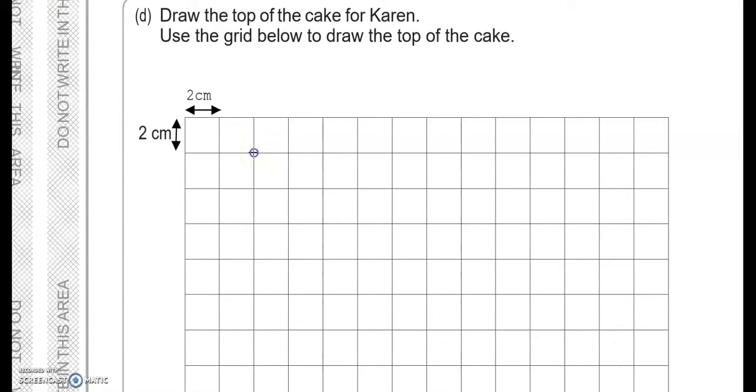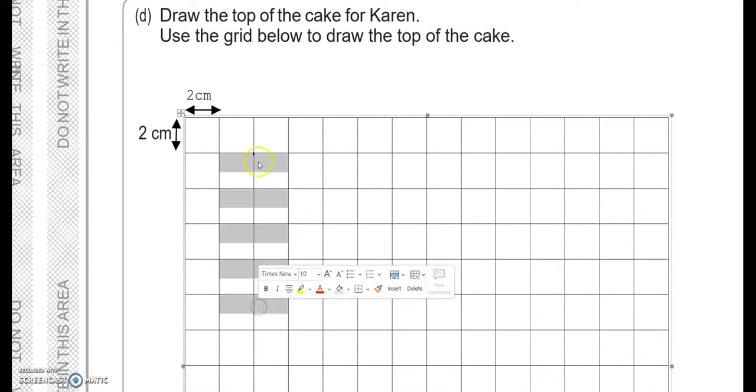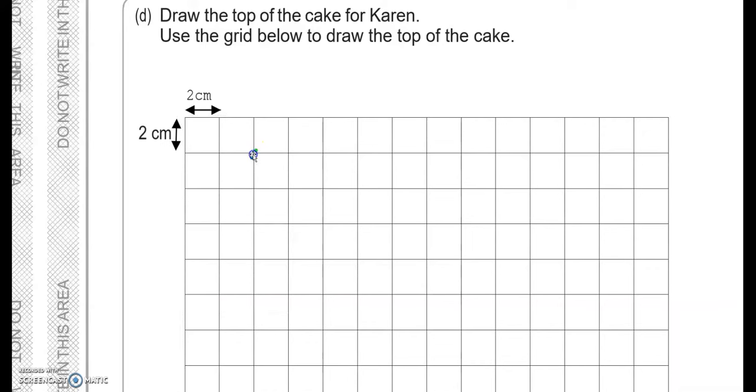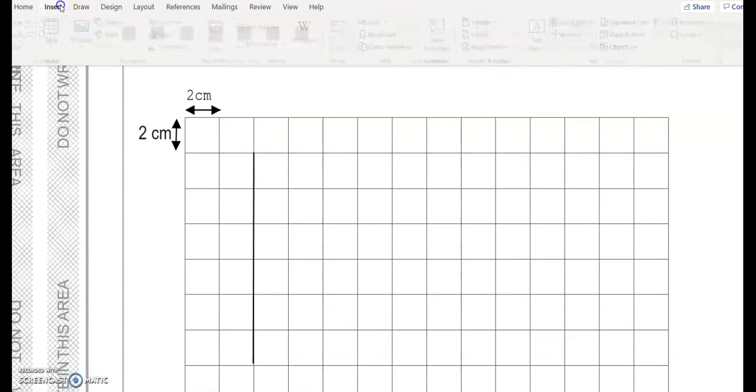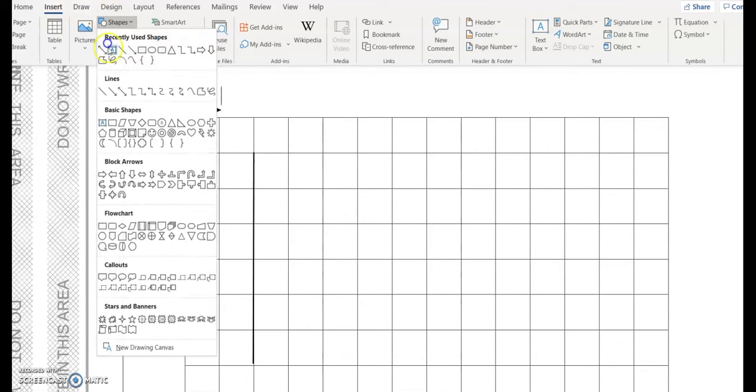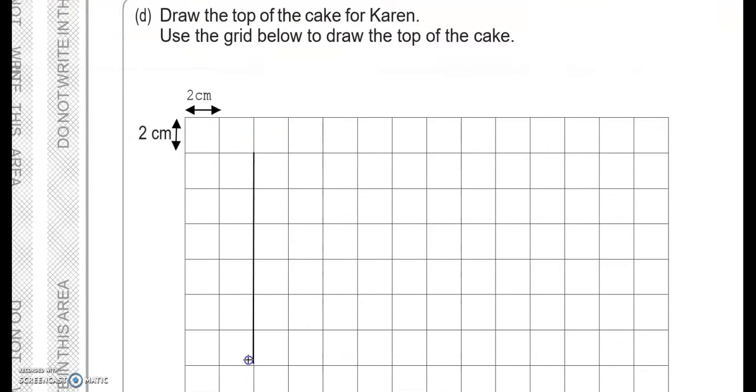So if I go 6 squares down, 1, 2, 3, 4, 5, 6. And then 5 across.